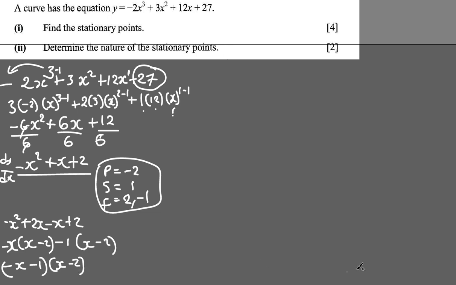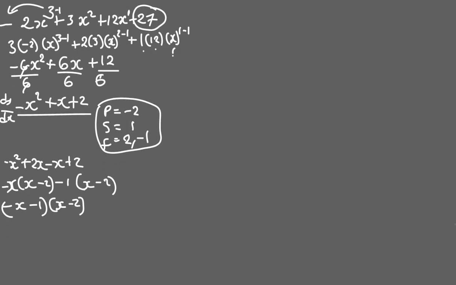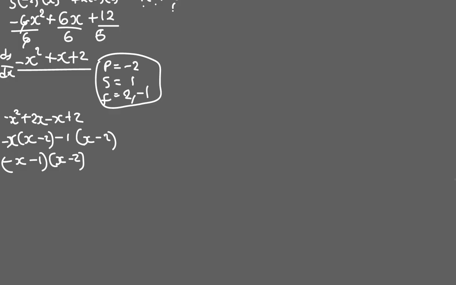So as we move, let's just take it down a little bit. We can move this thing up a little bit. Okay, so from there now we are saying this thing is going to be equal to 0. So we'll have -x minus 1 equal to 0, giving us -x equal to +1, meaning x is equal to -1.